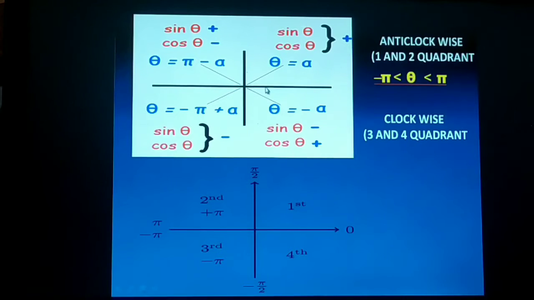So when the point is here and this line makes an angle here, it is called theta is equal to alpha.